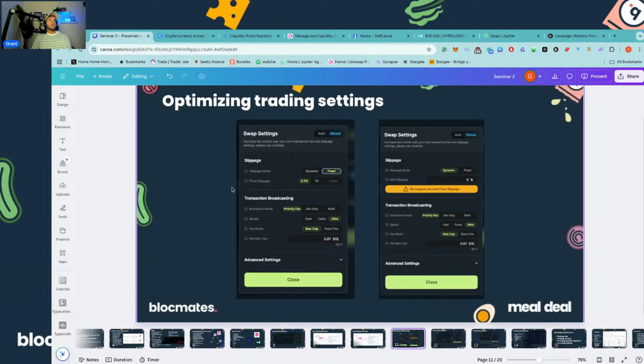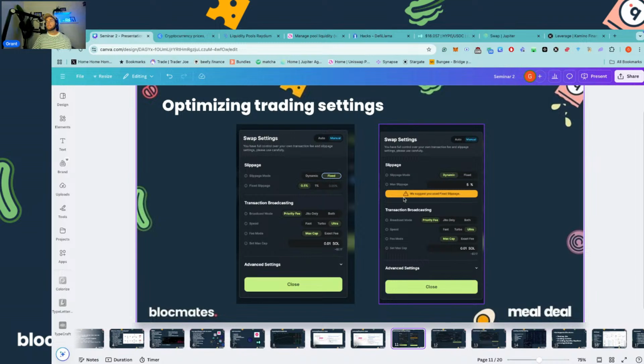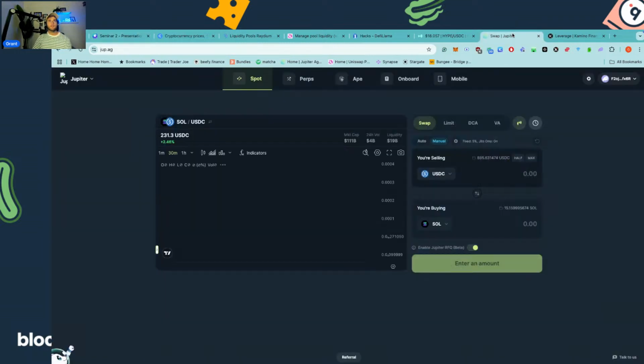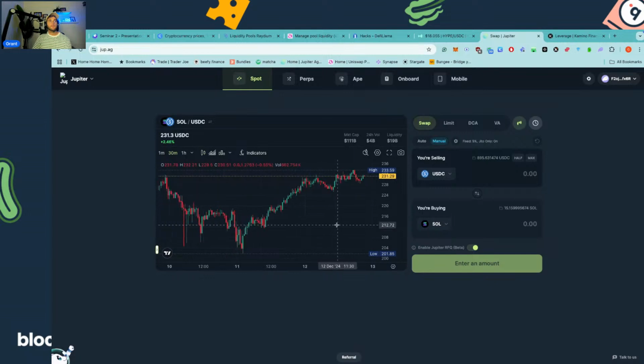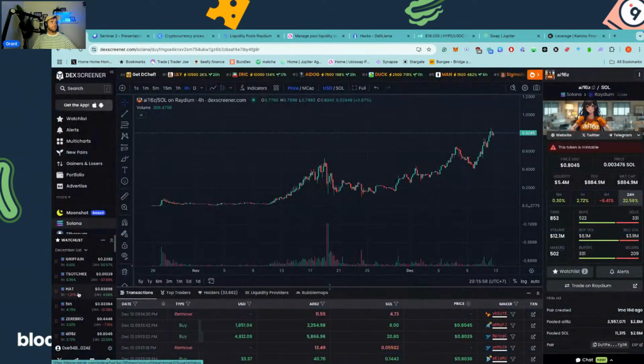Right. So optimizing trading settings. We touched upon this briefly last week. I'm going to go into it a little bit more now. So let's say we're on Jupiter. I'm going to use AI16Z as an example.